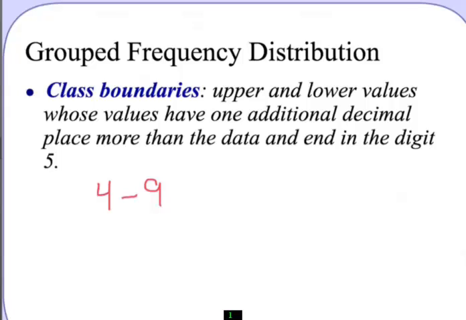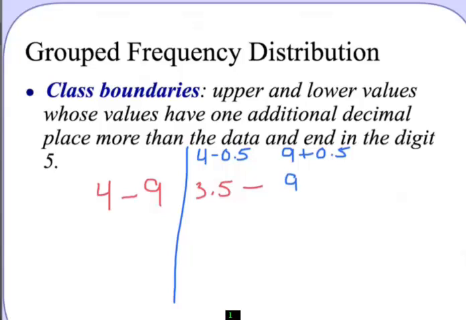But when we start talking about class boundaries, how we find the class boundaries is we take our lower limit and we subtract 1/2 from it. And so my class boundary would actually be 3.5. To get the upper class boundary, I take my upper limit, but I add 0.5. So I've got 9.5.